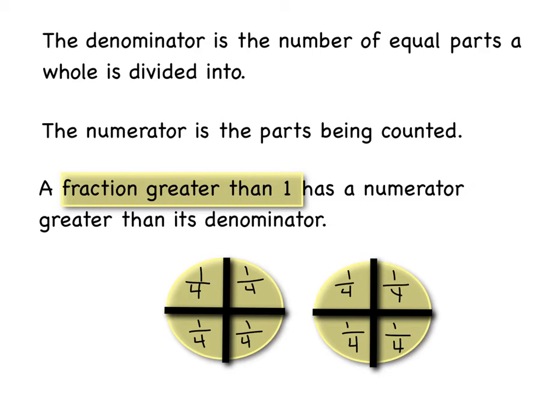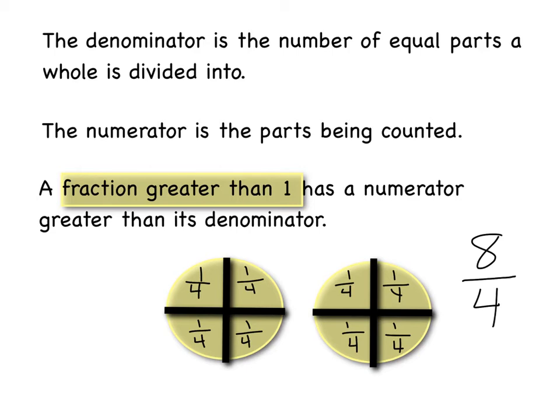So if I want to count the parts for both circles, I would need to count 1, 2, 3, 4, 5, 6, 7, 8. Therefore, there are 8 parts being counted, but each circle is broken into 4 equal parts. So my fraction is 8/4.